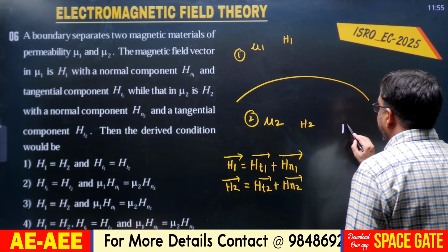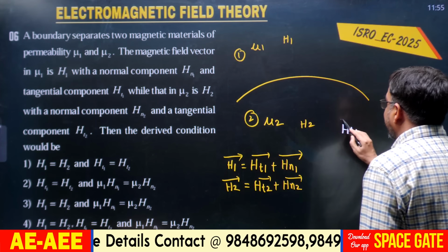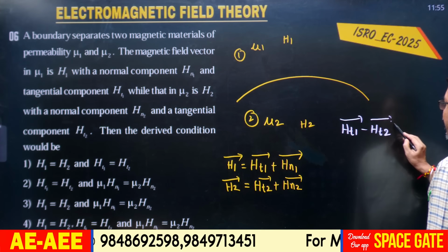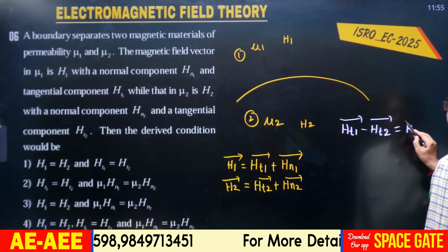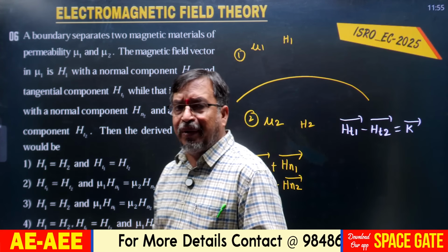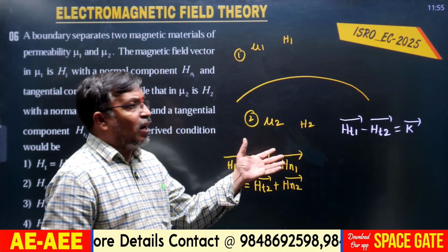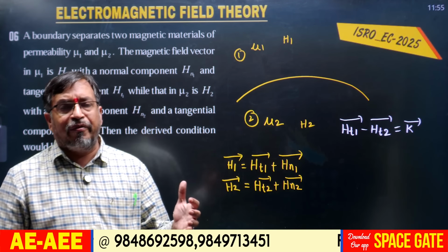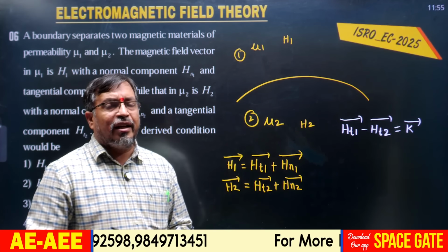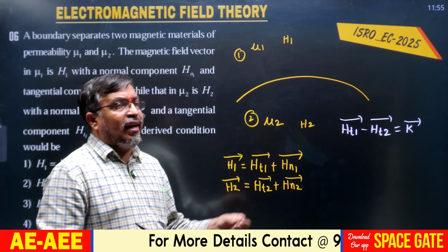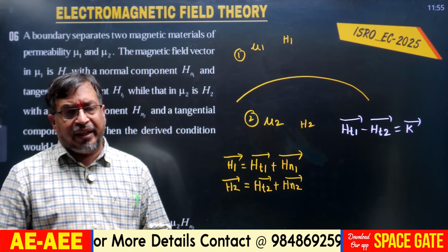One is HT1 minus HT2 equals K. This is the derivation related to tangential components in medium 1 and medium 2. Here HT1 is the tangential component of magnetic field intensity in medium 1, HT2 is the tangential component of magnetic field intensity in medium 2, and K is the surface current density.